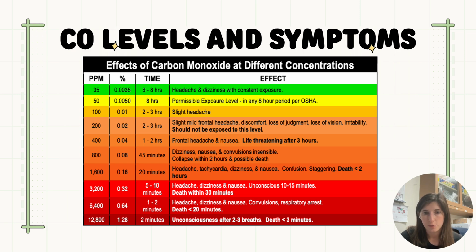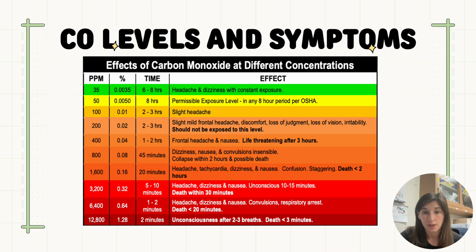At 1600 parts per million, people only have about 20 minutes before they start feeling headache, tachycardia, so their heart racing, dizziness, and nausea. This will also be compounded with other central nervous system factors such as confusion and staggering or ataxia, loss of gait. And death is going to occur in less than 2 hours if you're constantly exposed to this level.